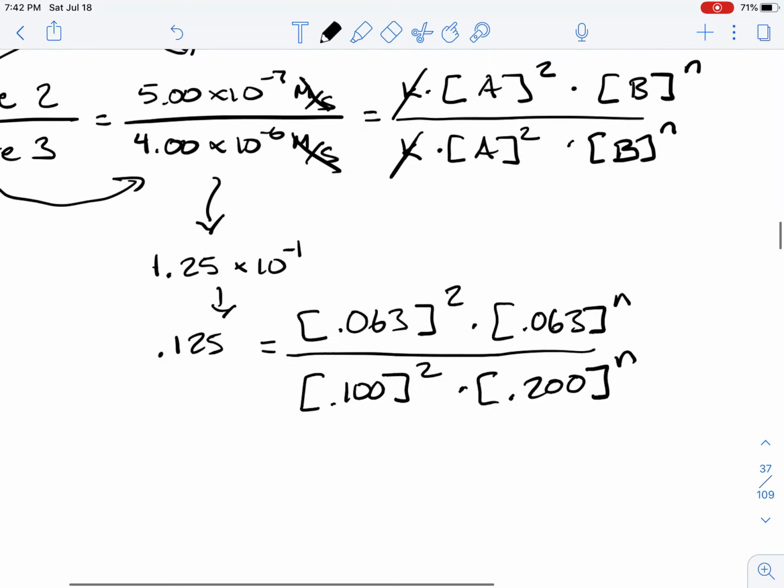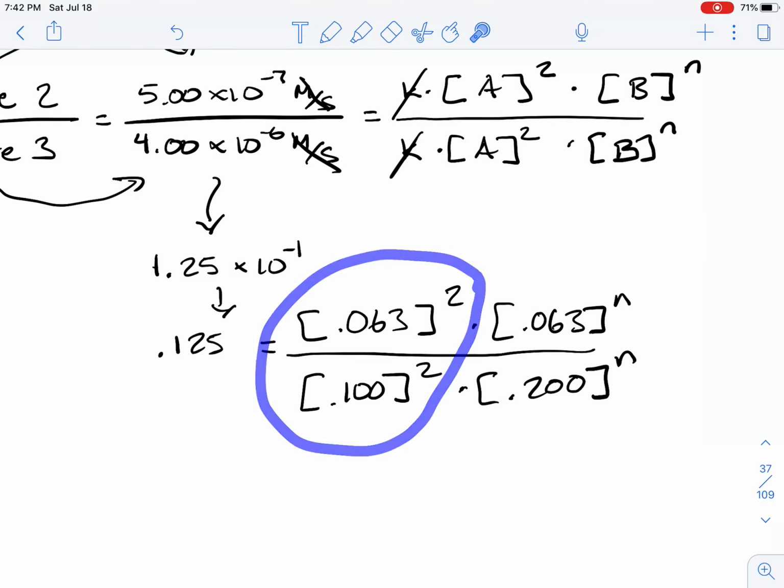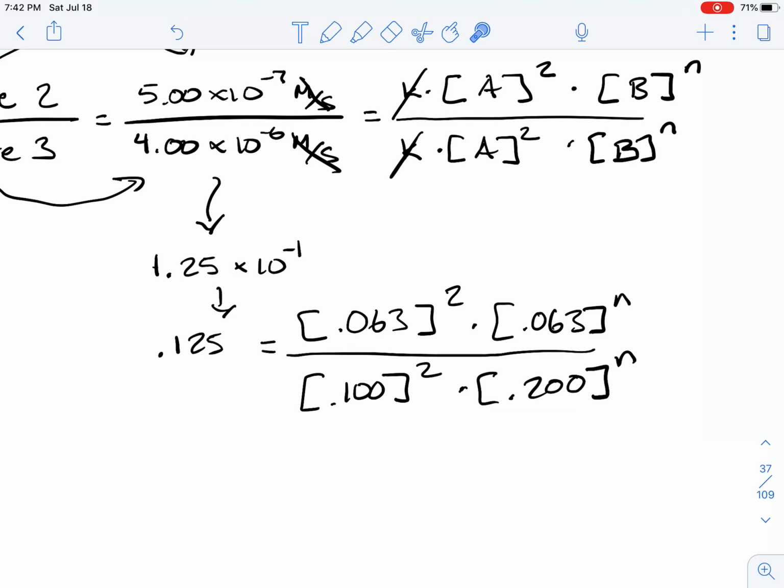Okay. And so looking at this piece, we can go ahead and plug this into our calculator. So we're going to go ahead and reduce that.